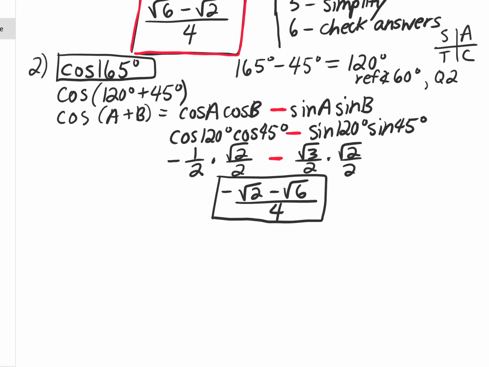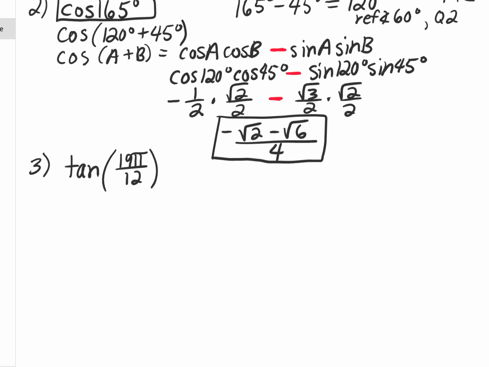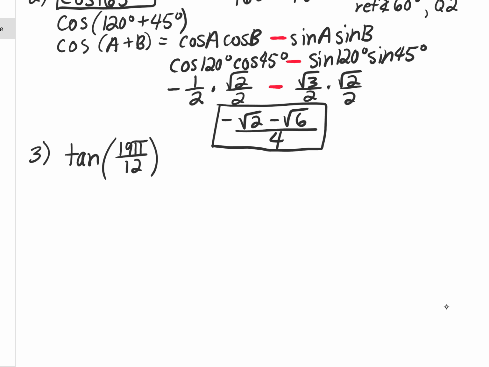Now our last one, I'm going to do tangent and radians together. So it does make it a little challenging, which is okay. The best thing that you can do with tangent, and also with the radian measures, is think about pi over 4 as being a common denominator with this angle.